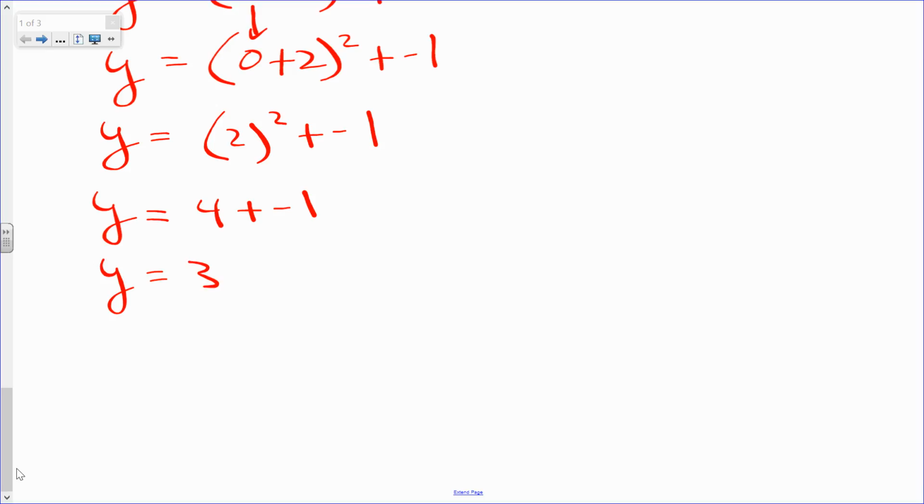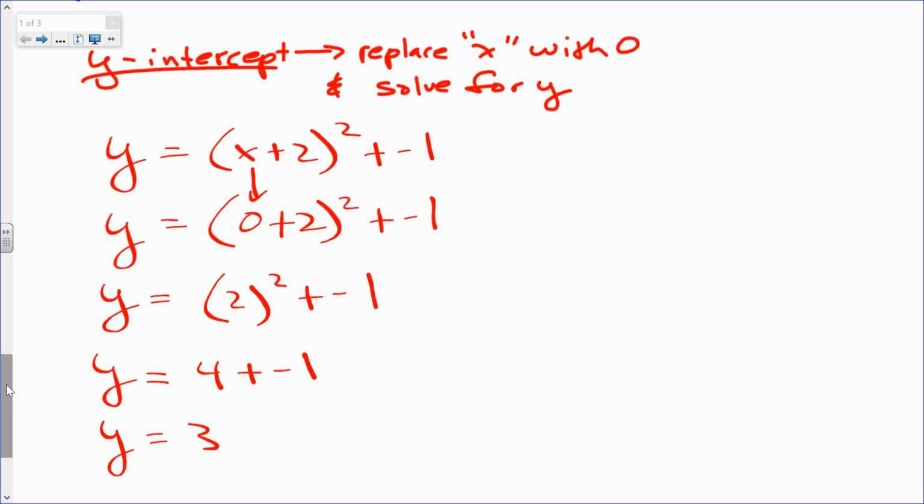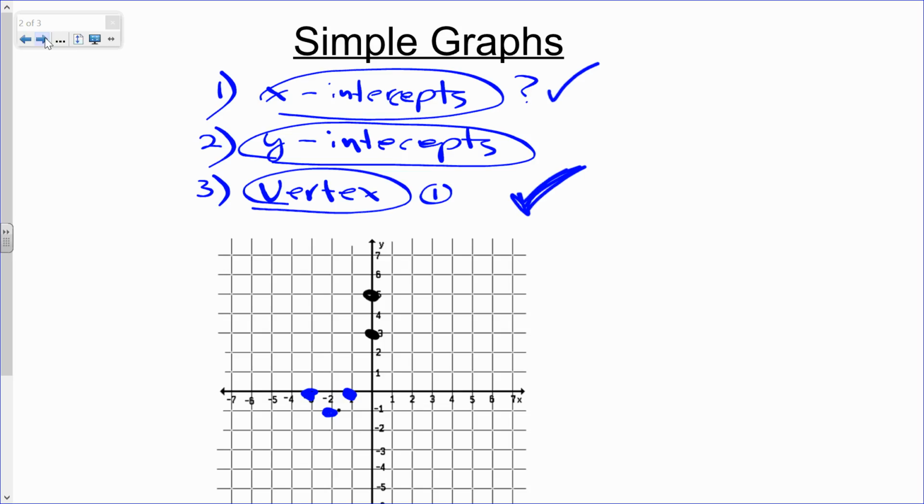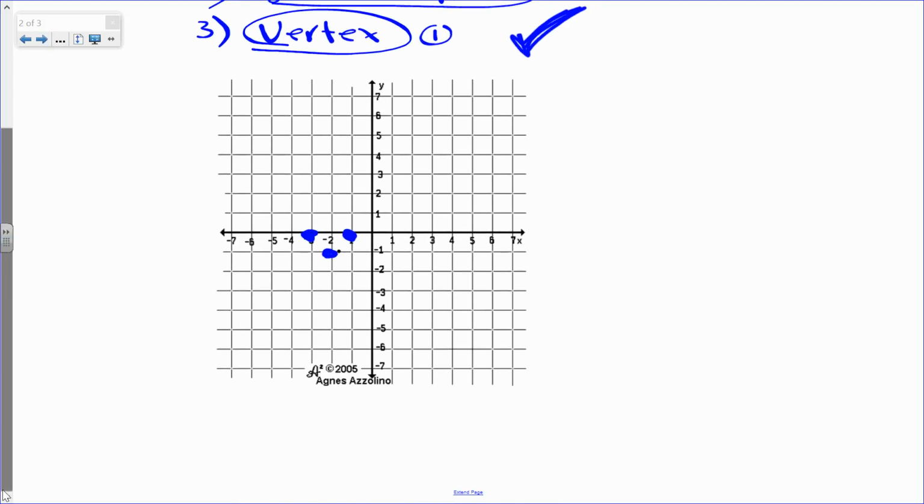What have we found? Our y-intercept. And x is 0, right? So the point that we're going to plot, 0 is x, 3 is y, 0, 3. So plot 0, 3 with me on your graph paper. 0, 3 is right here.